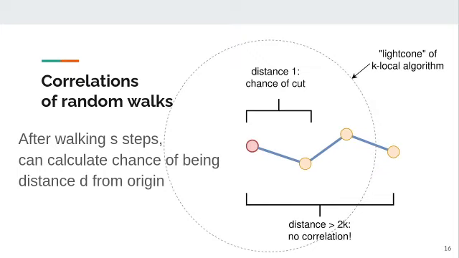Because if your labels are different, then you'll be in different partitions, and the edge will be cut. If your labels are the same, you'll be in the same partition, and so you won't be cut. So the distance 1 correlation has a really simple connection to the cut fraction.